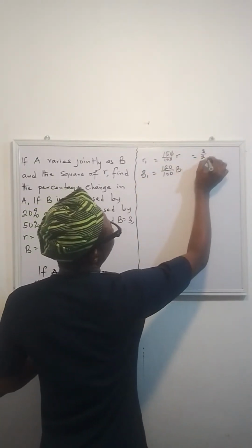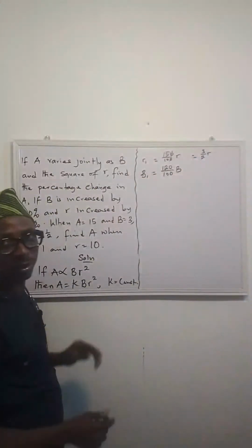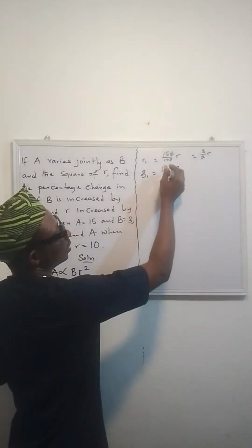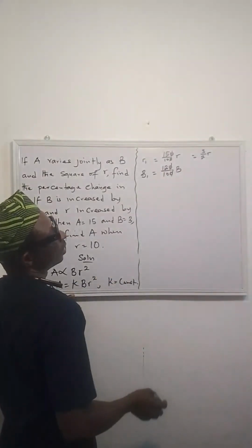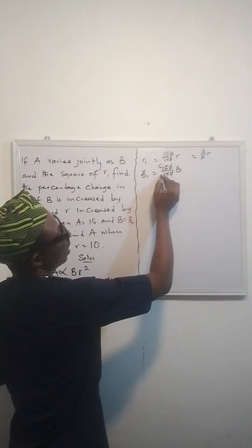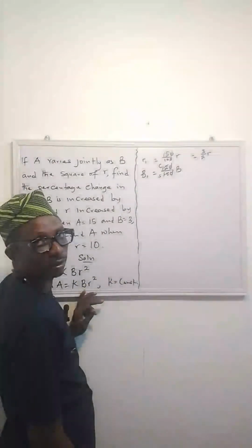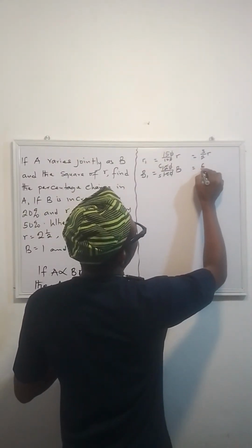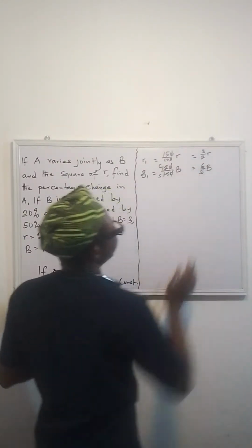So we can write 3 over 2 R. Now let's simplify the B. 2 goes into 12 six times, and 2 goes into 10 five times. So this one is going to be 6 over 5 B.